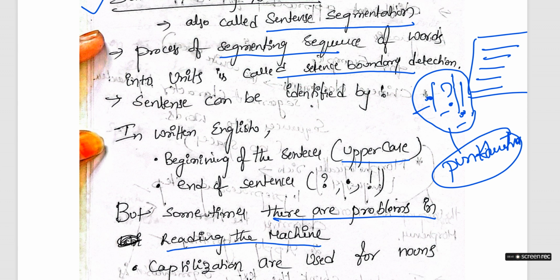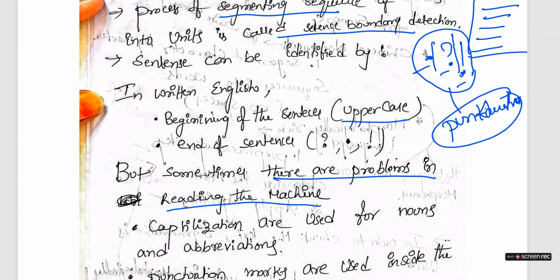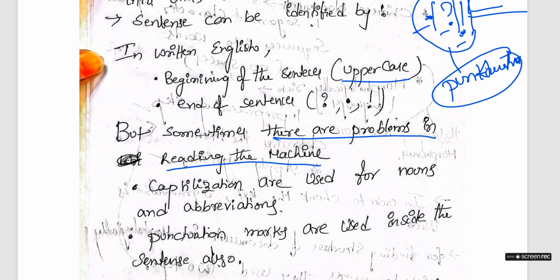the machine reading. So what kind of problems will we get? Sometimes people use capitalization for every word, like "This Is So Beautiful".